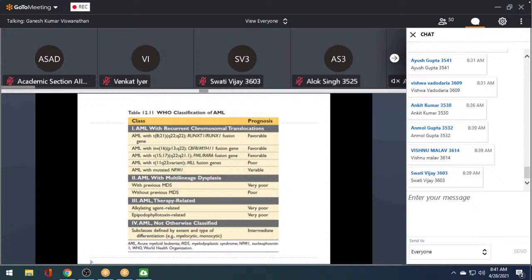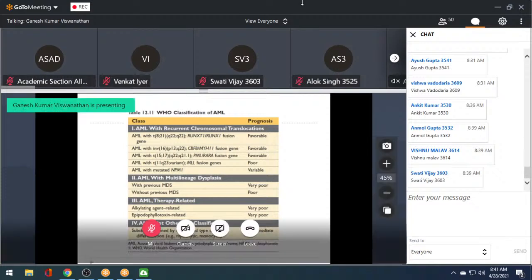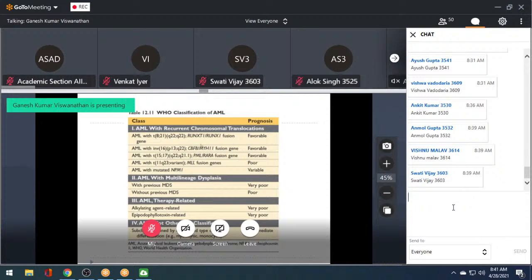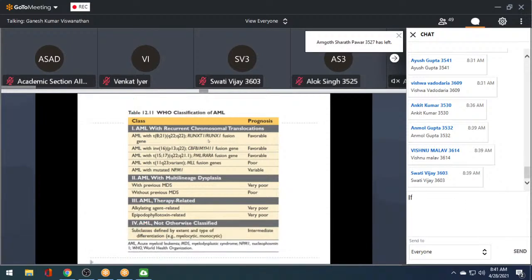So nowadays we have another WHO classification for AML also, like we had for ALLs. This classifies into different etiologies, like therapy-related or related to a chromosomal translocation. We saw that translocations and genetic changes are basic causes of cancers.